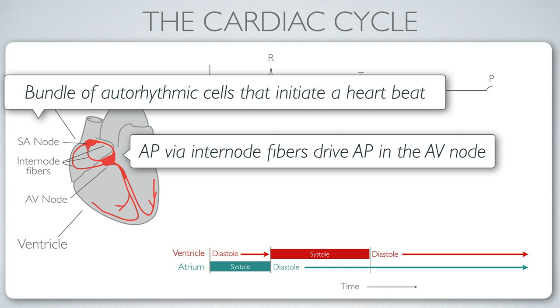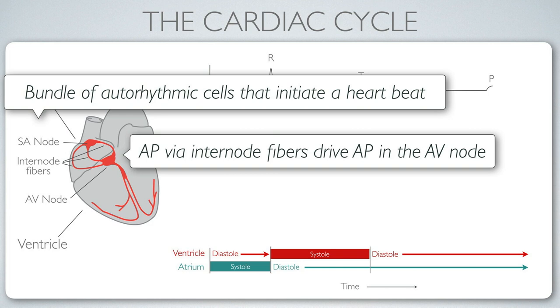The AV node has, just like the SA node, autorhythmic cells that are capable of autonomous activation, but the period between action potentials, the period of the pacemaker potential, is long in the AV node. And what the SA node does is effectively drive the autorhythmic cells in the AV node to threshold earlier than they would be if the AV node cells were just in a dish on their own.